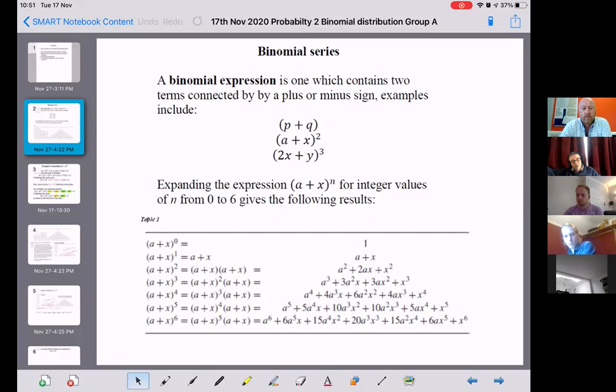If we expand those expressions for integer values of n, so a plus x to the n is a general way of writing those, if we expand them for n from 0 to 6, we get the results shown at the bottom. Okay, so you can remember covering that last week, and I'll just go through the expansion of a plus x all to the power of 3 again.